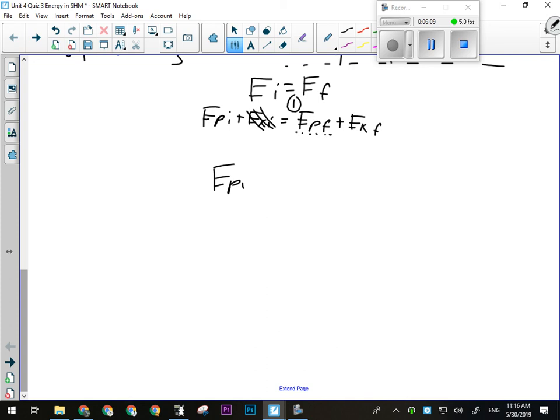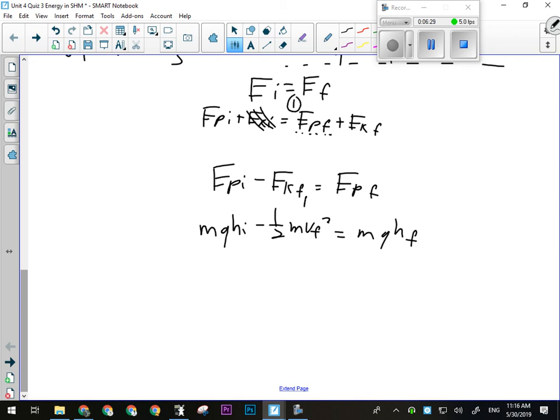So we'll have the initial potential minus the final kinetic equals the final potential. That'll be m g h initial minus 1/2 m v final squared equals m g h final. All right, what can cancel right now? m. Now give them a mark if they got something like this. That'll be their 3rd mark.